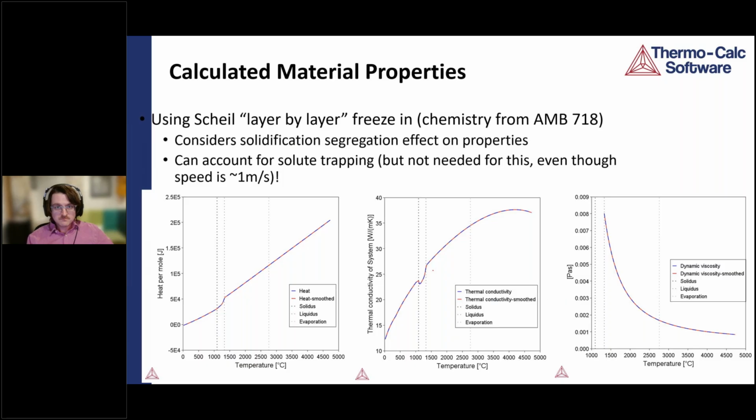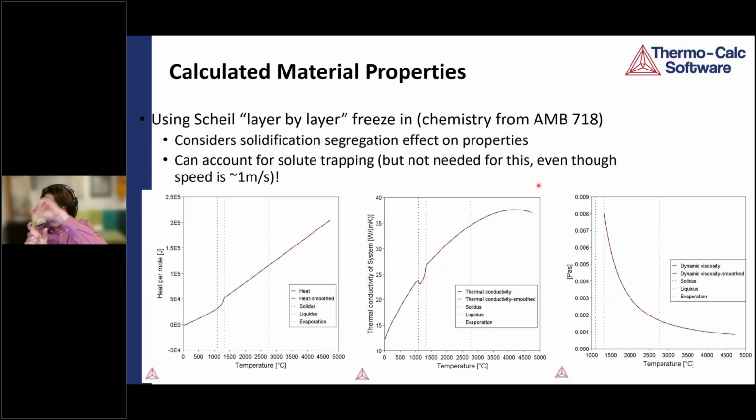Okay, so we calculate all these properties and we use that modified Scheil that I talked about, where we can account for solute trapping, and we can account for the freezing in once the material is solidified. I didn't talk about this much, but once the material is solidified, we have that dendrite with chemistry variation across it.